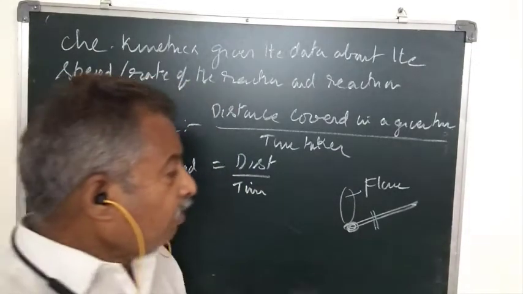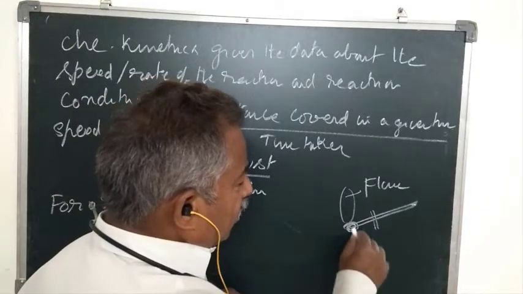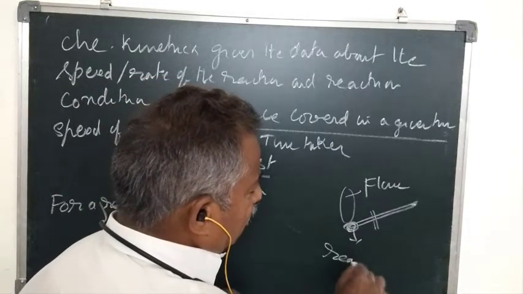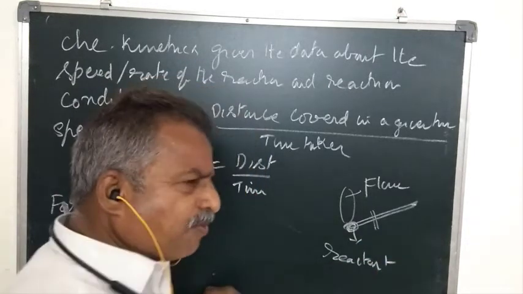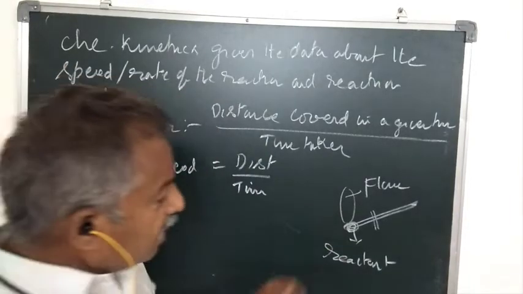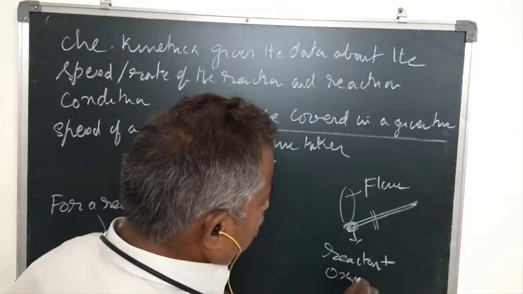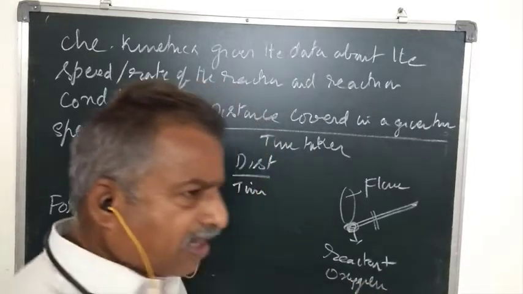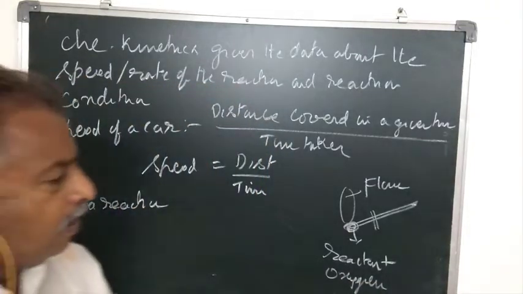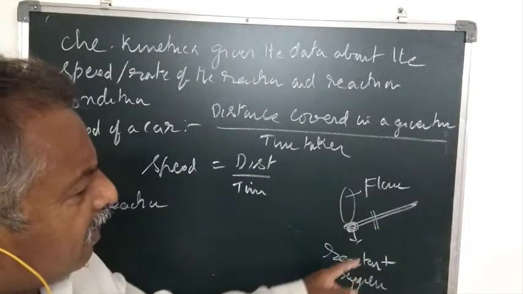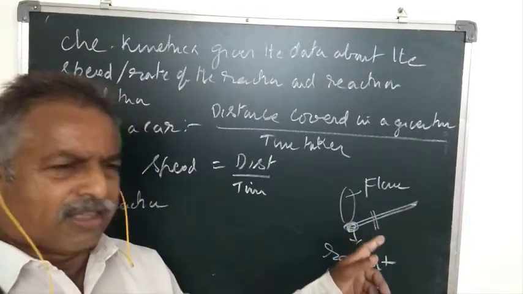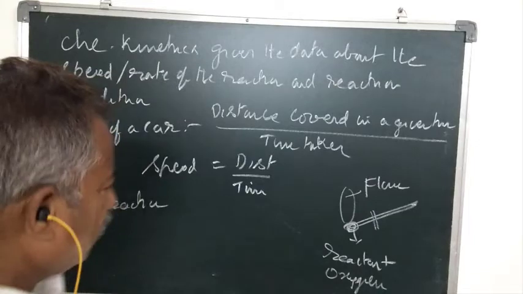Here we call the substance which burns a reactant. What is the other reactant? Because burning takes place, the other reactant is oxygen. So, how much time does it take to burn half of the matchstick, or completion of the matchstick?